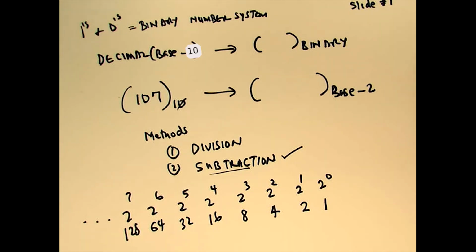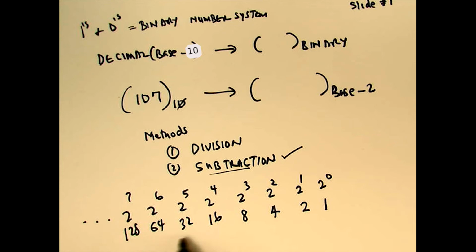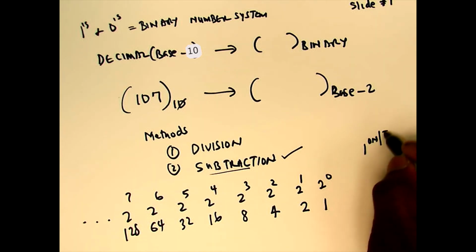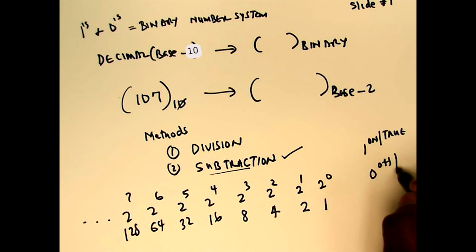Whatever number we have, 107, we start subtracting the highest power. The ones we use, we put 1 under them. 1 means on, or true, present. 0 means off or false.